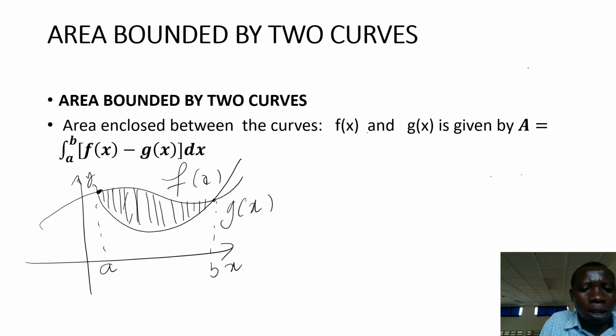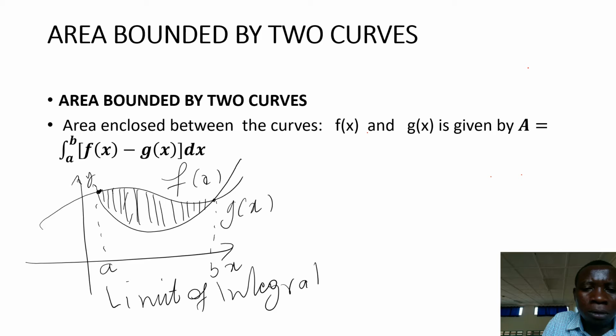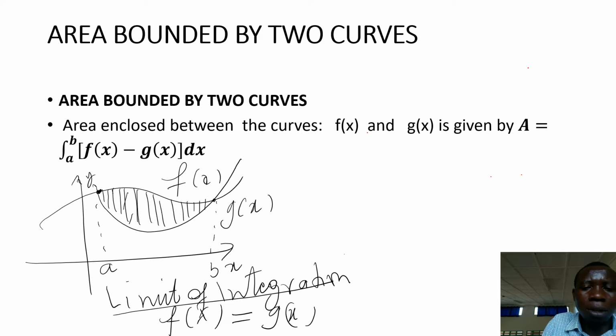How do you find the lower limit and upper limit? When you have two functions and you want the limits of integration, you simply equate these two functions f(x) and g(x), and then you get two values a and b.